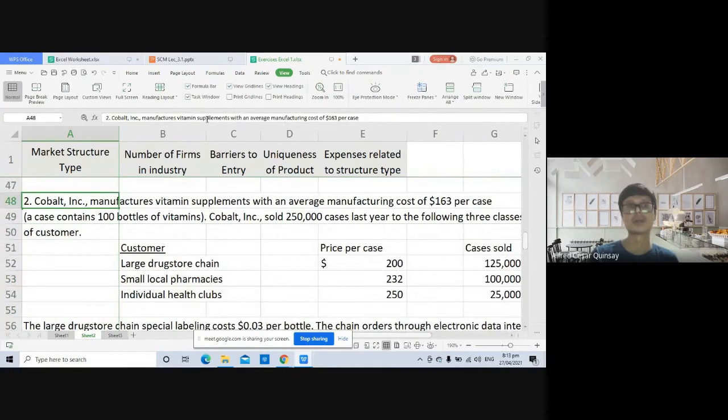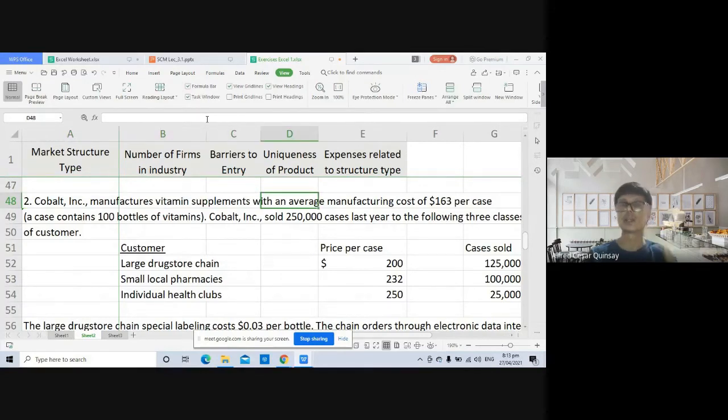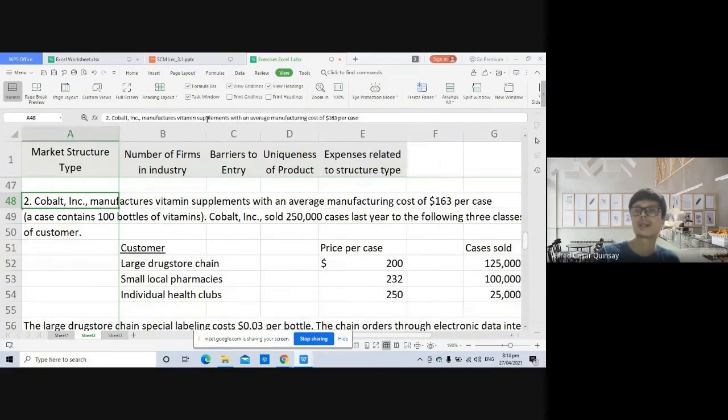Cobalt Incorporated manufactures vitamin supplements with an average manufacturing cost of $163 per case. So take note of that, $163 per case. Per case ang bentahan dito, hindi per gamot, ha? Okay. So dun raw sa isang case, 100 bottles of vitamins.